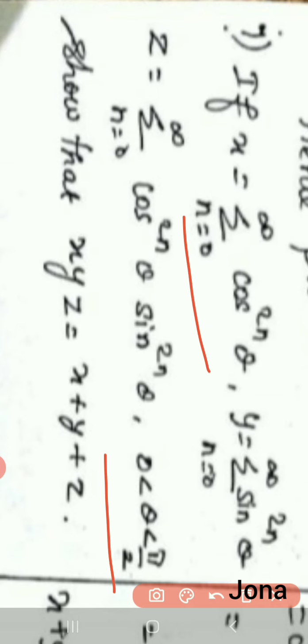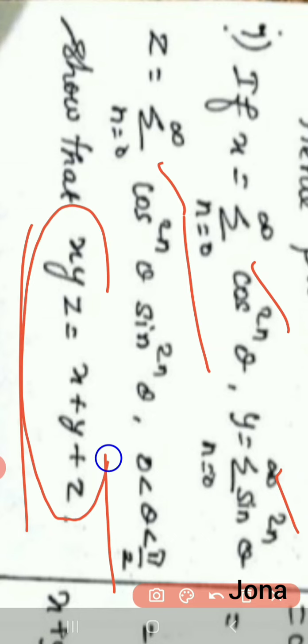The next one, 7th problem. If x equal to sigma n equal to 0 to infinity cos power 2n theta, y equal to sigma n equal to 0 to infinity sin power 2n theta, z equal to sigma n equal to 0 to infinity cos power 2n theta sin power 2n theta, where theta lies between 0 to pi by 2.